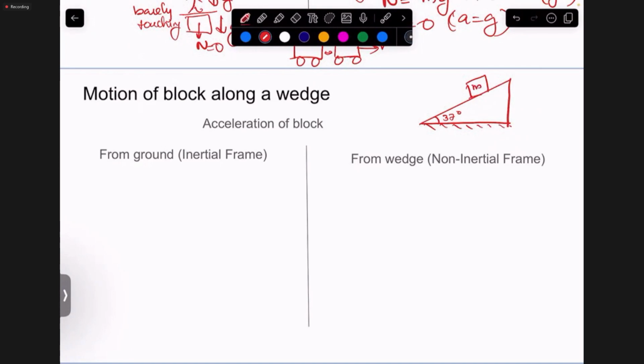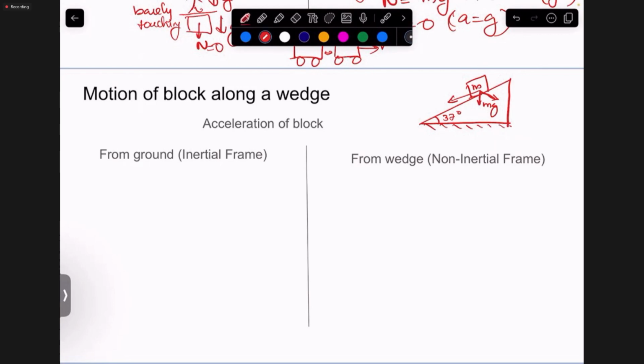As you have solved earlier, mg will act downwards, and we can resolve it into parallel and vertical components acting on the surface of the wedge.